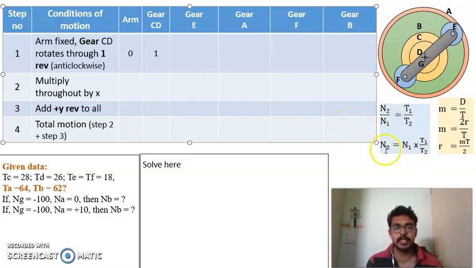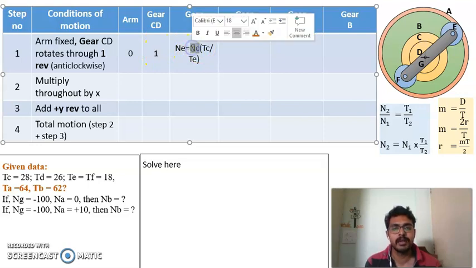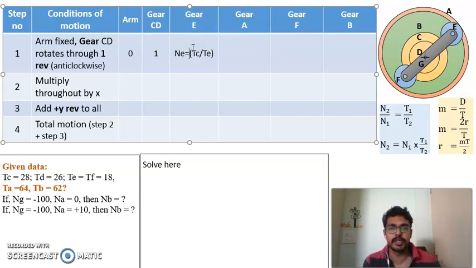Using the same relation where 2 corresponds to gear E and 1 corresponds to gear C, the speed of gear E will be equal to the speed of gear C into the ratio of number of teeth on gear C to number of teeth on gear E. Simple. Now, since the speed of gear C is 1, I will just remove it.